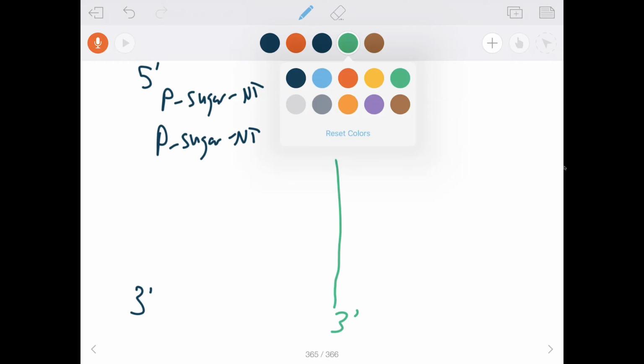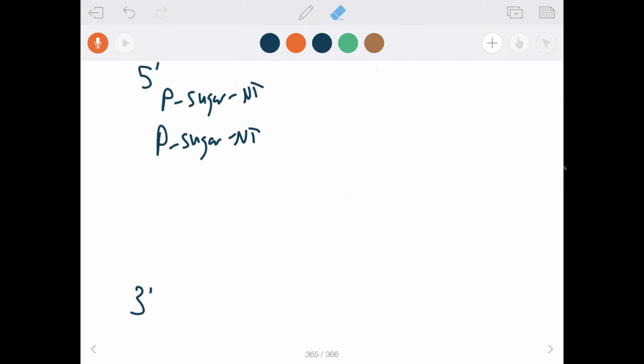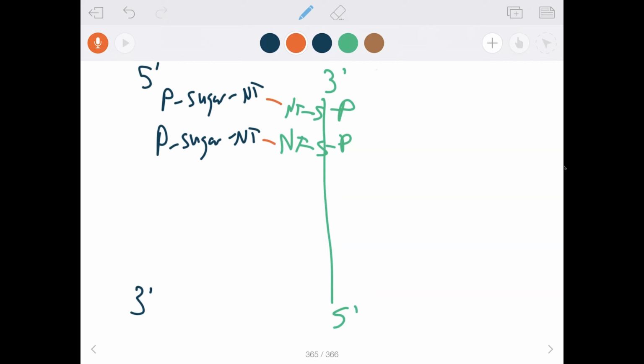So if we flip one of the strands and make it 3' to 5', the opposite direction, phosphate, sugar, nucleotide. Phosphate, sugar, nucleotide. And then these will interact with each other. Here's your other strand.